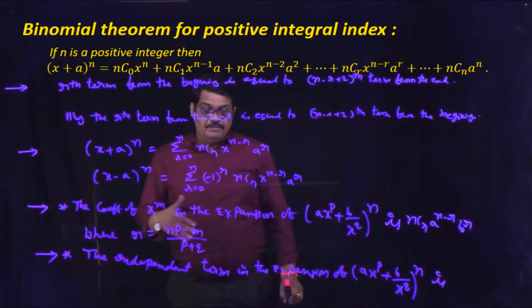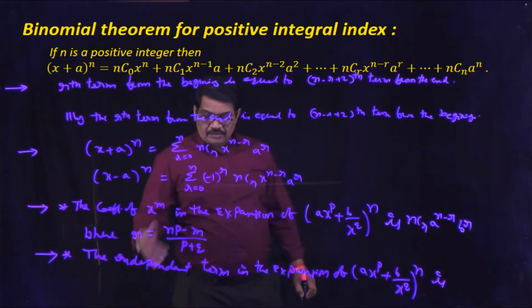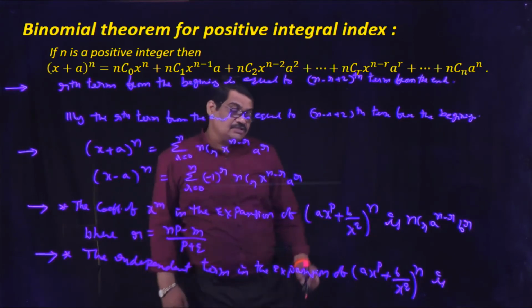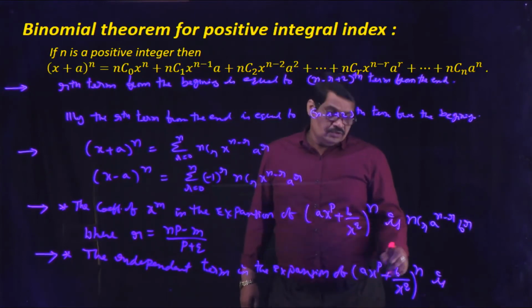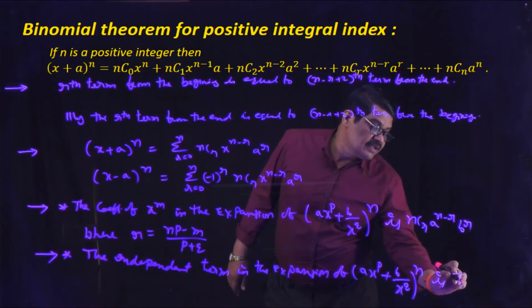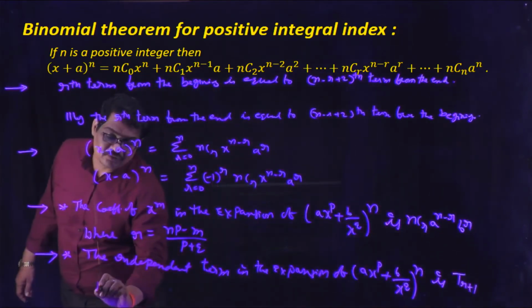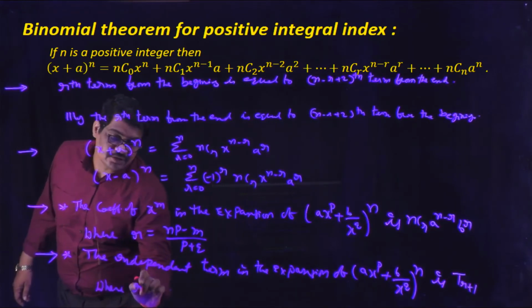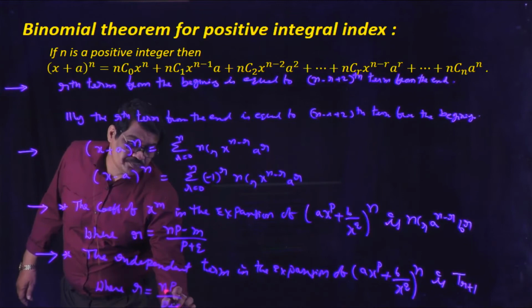The term independent of x is t r plus 1, where r is equal to np by p plus q.